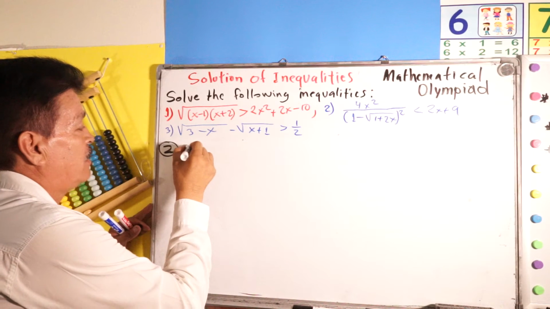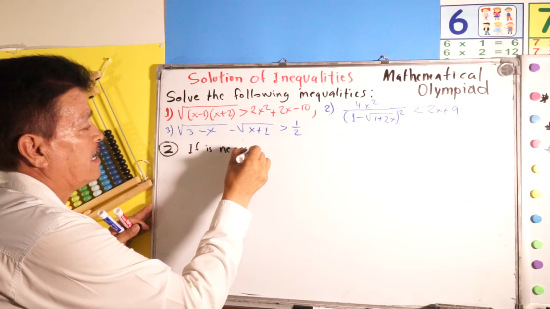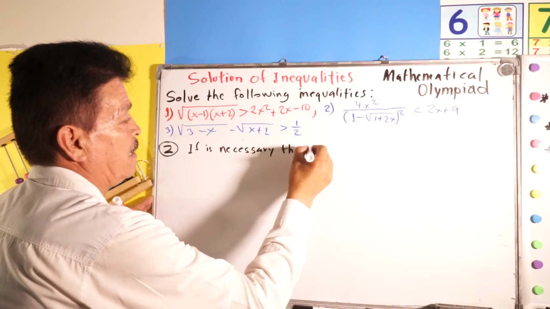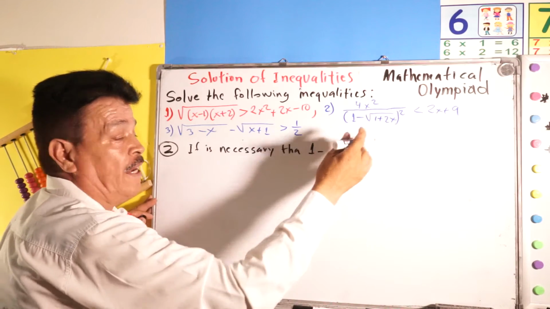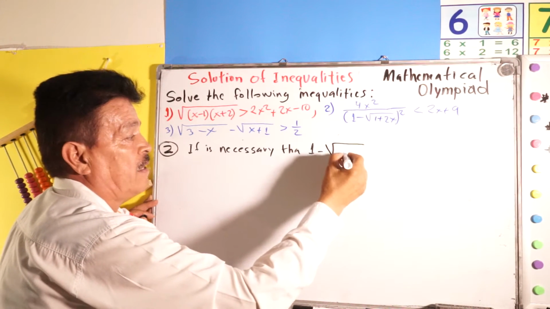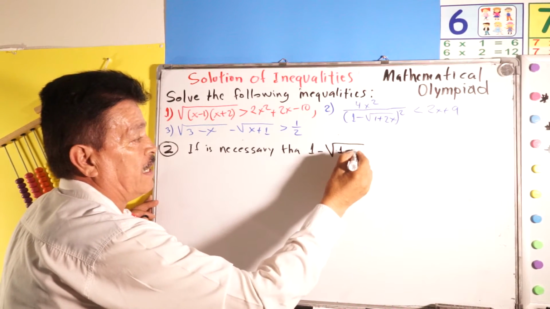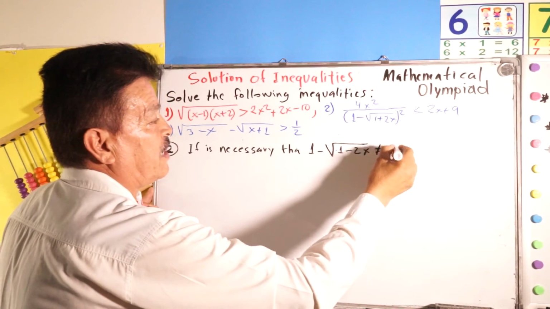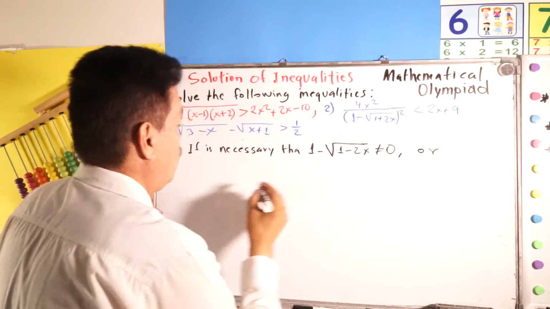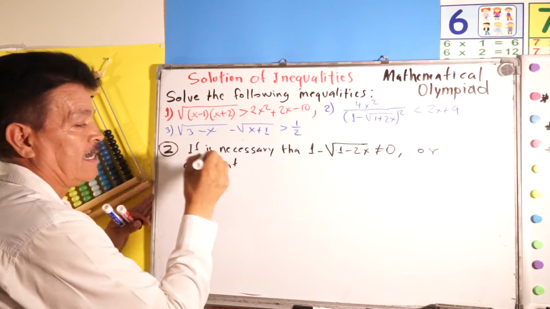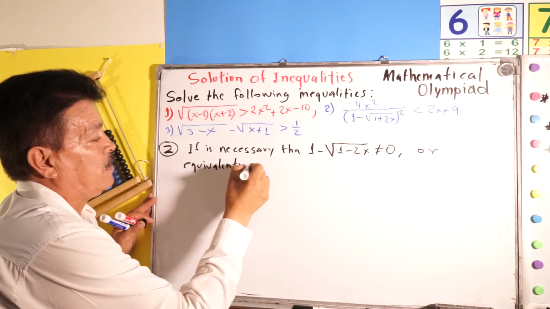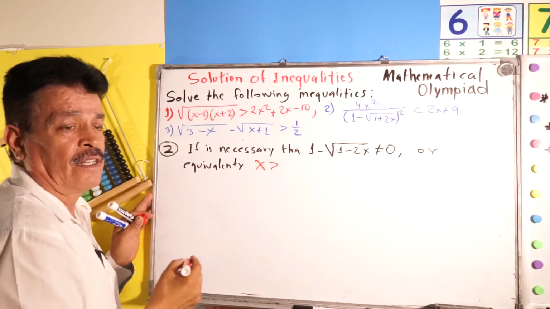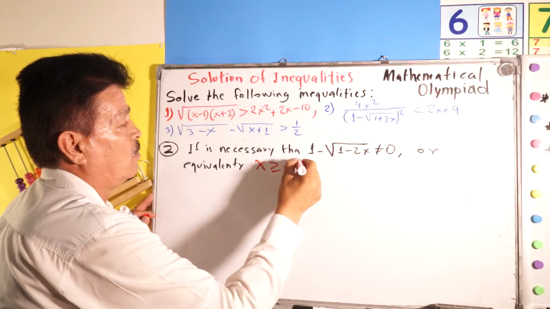If it's necessary, look at our problem here: 1 minus the square root of 1 plus 2x is different from 0, which is equivalent to x greater than or equal to negative 1/2.